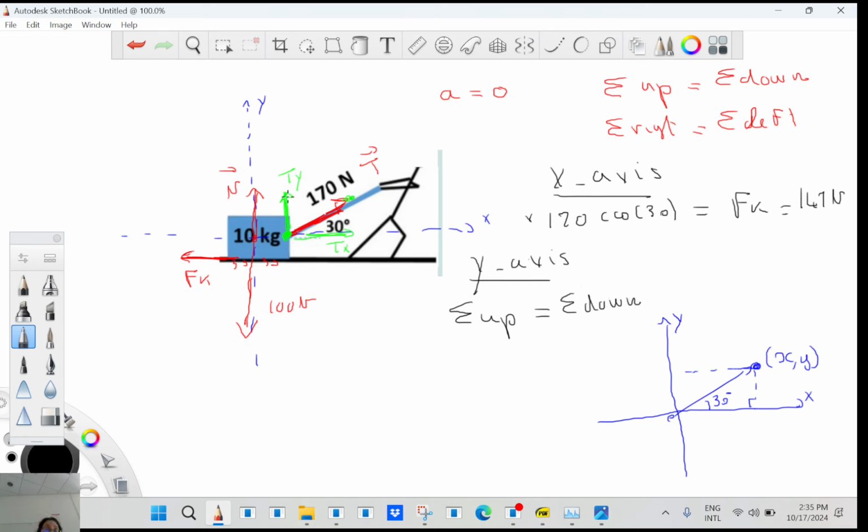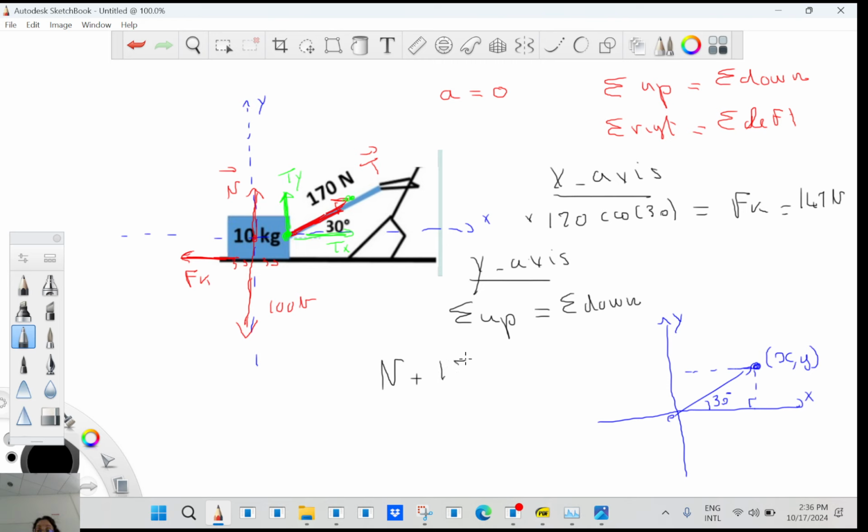Up, the secret, the recipe, is to make a picture, to make a diagram, and on your diagram, you want to have all the components. And then it's easy to see what is pointing up and what is pointing down. So up, you have the normal force plus the y component.